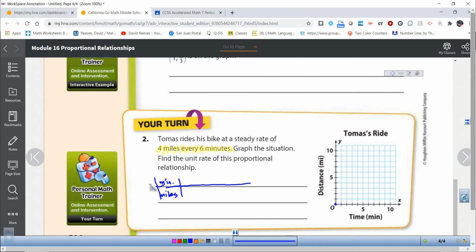If we were to label this, this would be our x. All right, here we go. We have x and we have y, and we have distance and we have time. And the distance is in miles and the time is in minutes.